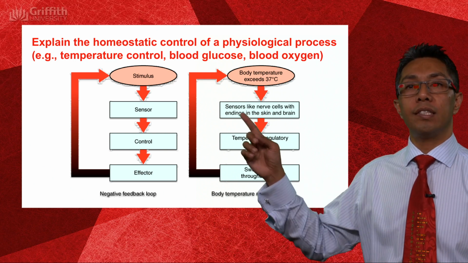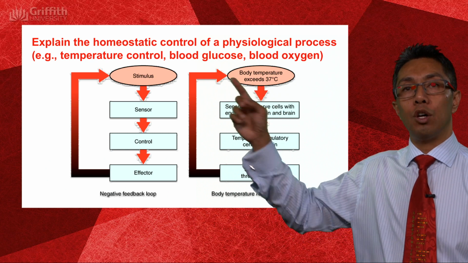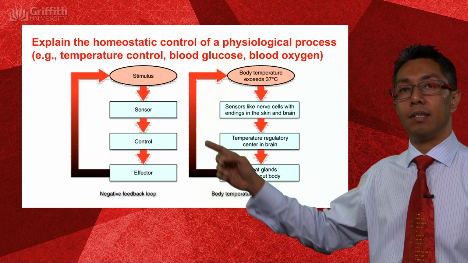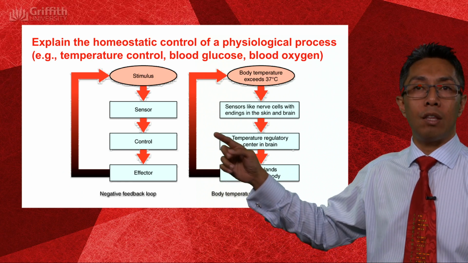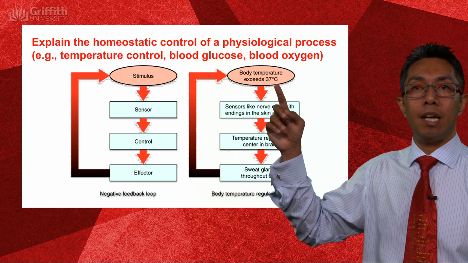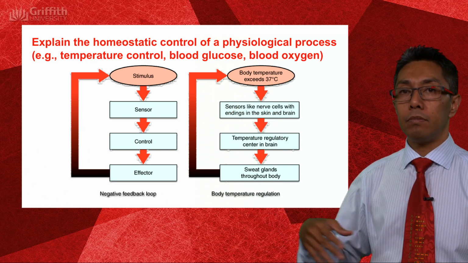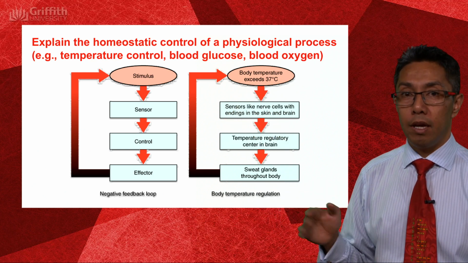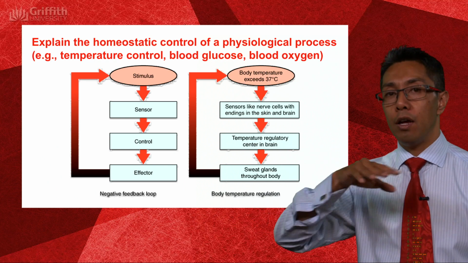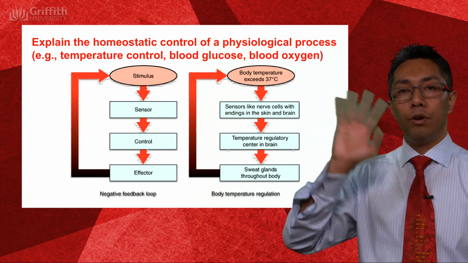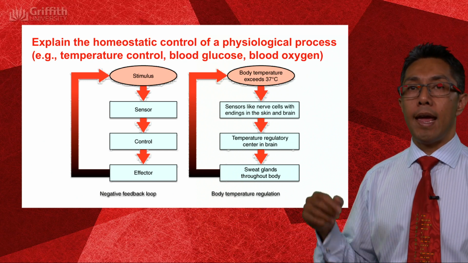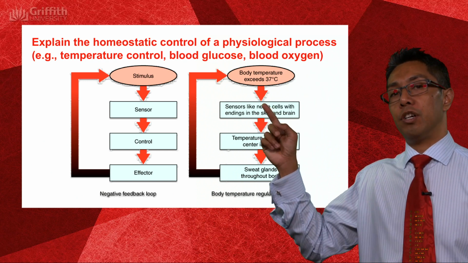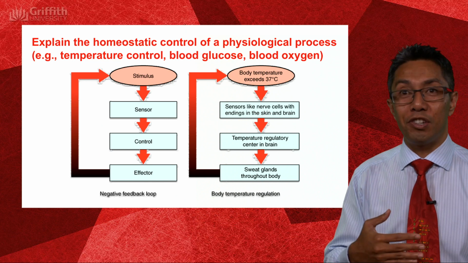Okay, so let's follow this around here. So you've got the names of the various things, the stimulus, sensor, control, and effector, but let's look at it in the context of body temperature. So it's an insanely hot day. You've been working out in the yard all day, no water, no sun covering, totally non-sun smart, and whoopsie, your body temperature now exceeds 37 degrees.